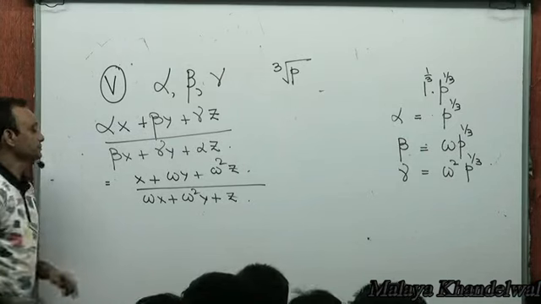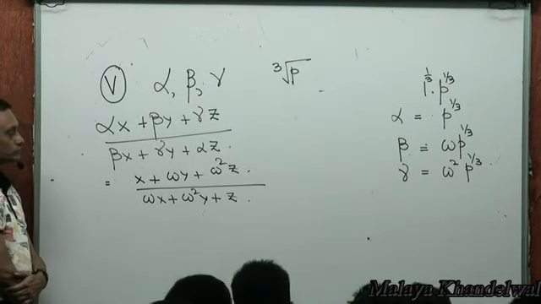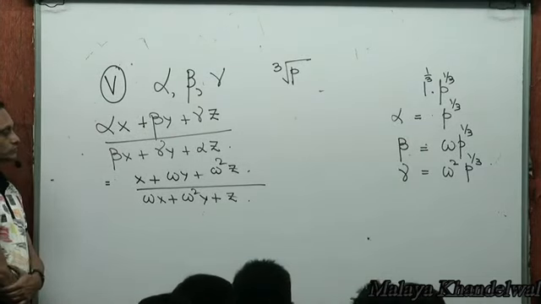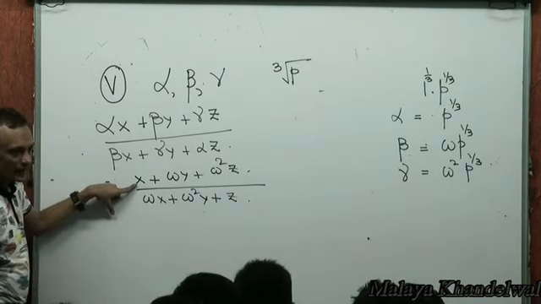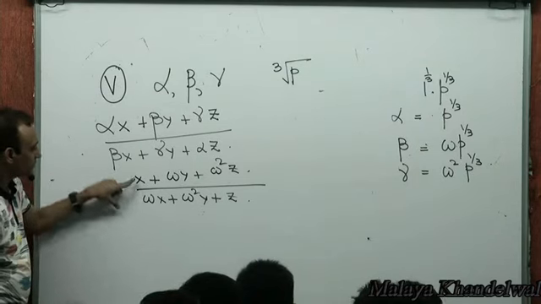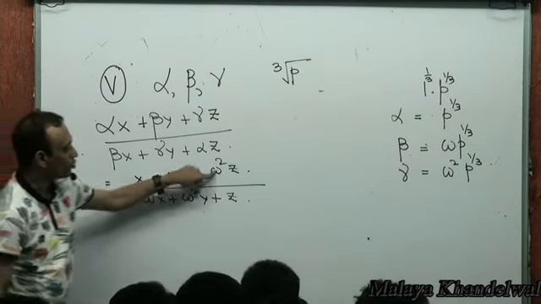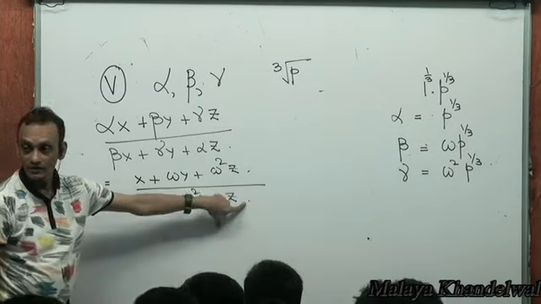This is what we'll get. Yes or no? Do you realize that on multiplying the numerator by omega, we get the denominator: omega x, omega squared y, omega cubed, which is 1, z?